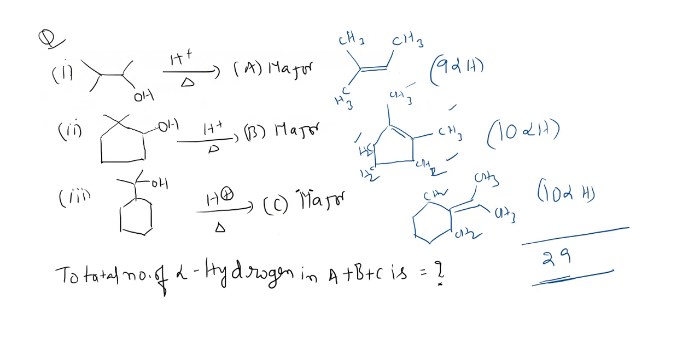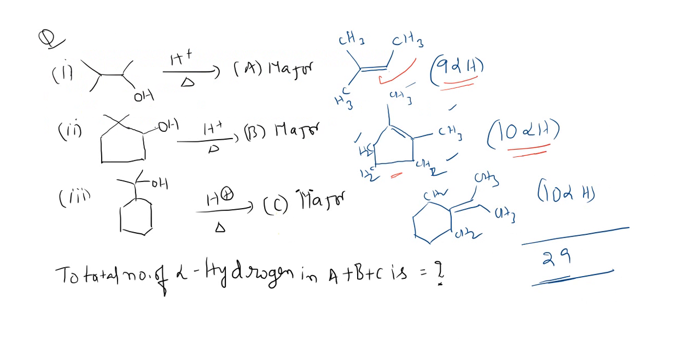First one, if you consider after the dehydration, we will get this product. It contains 9 alpha hydrogens. Second one, if you do dehydration, you will get this product. As removal of water takes place, 10 alpha hydrogens are possible.